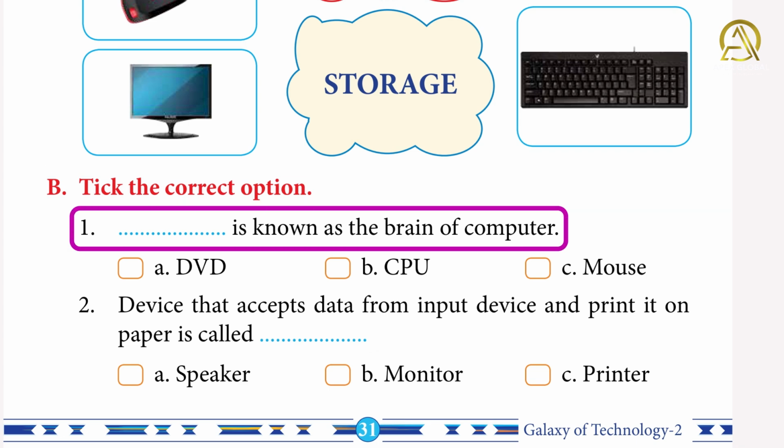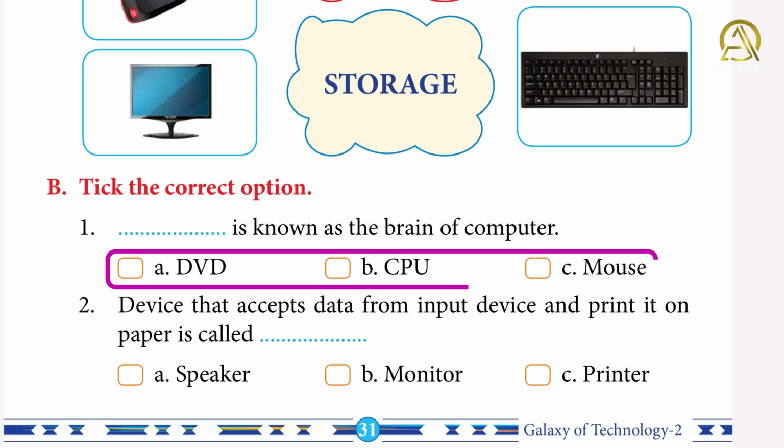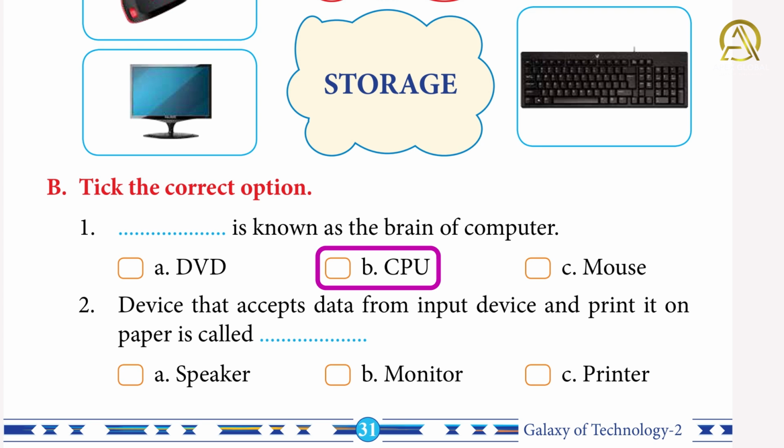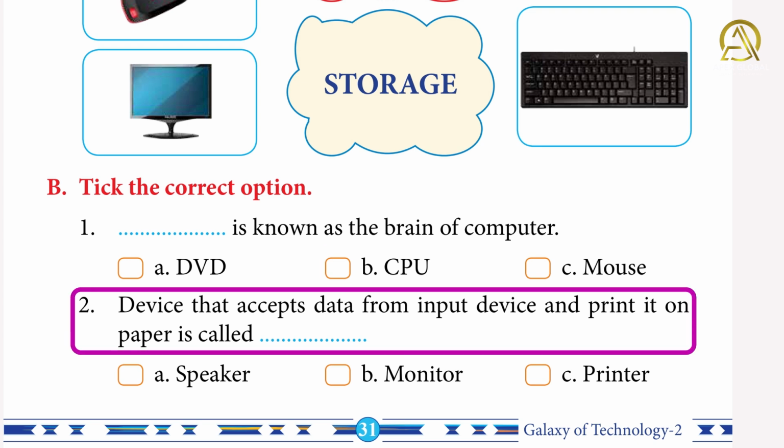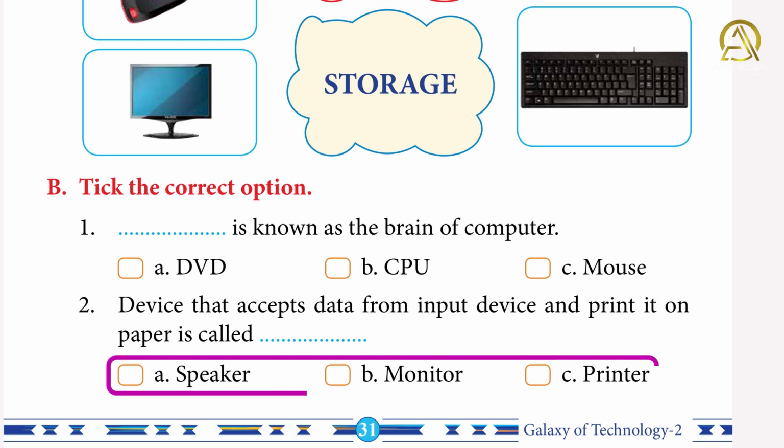1. Dash is known as the brain of computer. A. DVD. B. CPU. C. Mouse. Answer B. CPU. 2. Device that accepts data from input device and prints it on paper is called dash. A. Speaker.